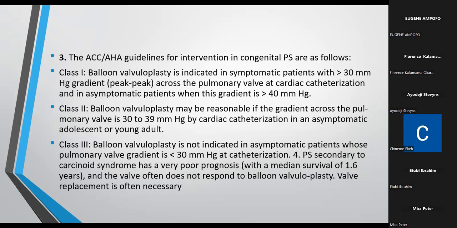And then for class 2, balloon valvuloplasty if the gradient across the PV is 30 to 39 by cath in an asymptomatic adolescent or young adult.